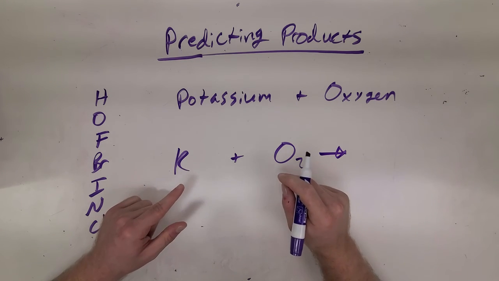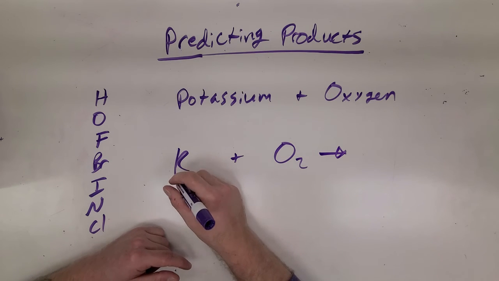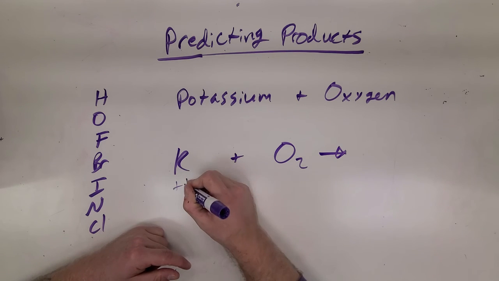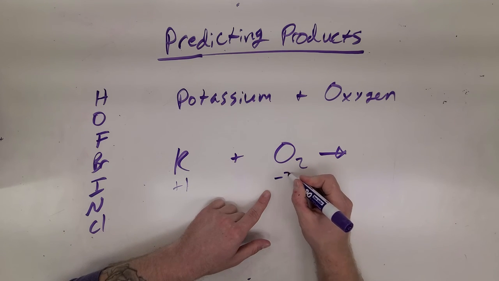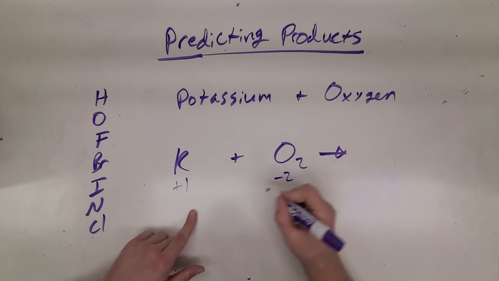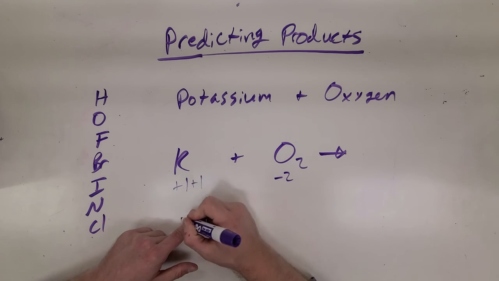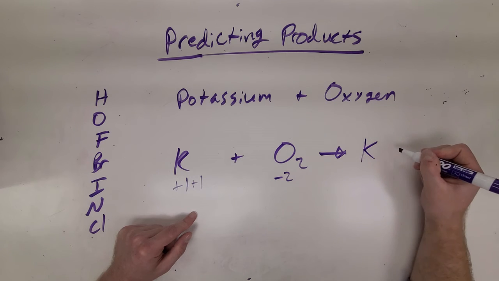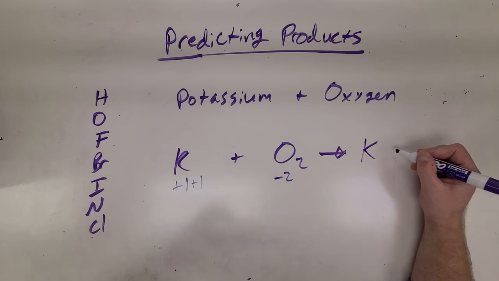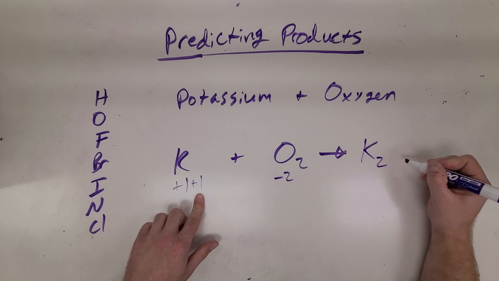Okay, we have to write the valence charges underneath. Potassium is in group 1, it has that +1 charge. Oxygen has a -2 charge, so we are going to need 1 more potassium. So we write that over here. It's going to go K, so we write that first, and there are 2 of them, so we'll put a 2 there.